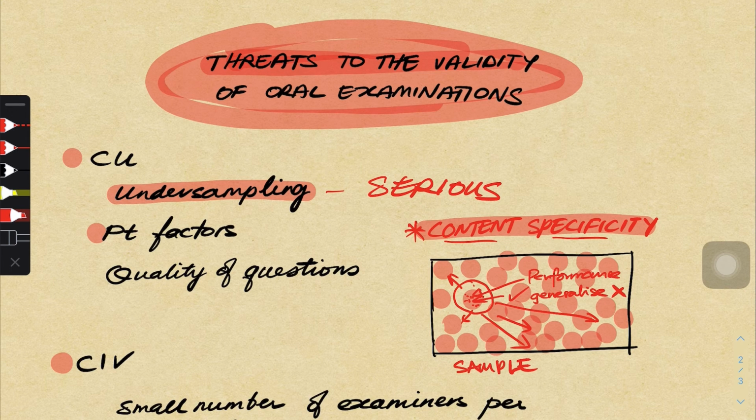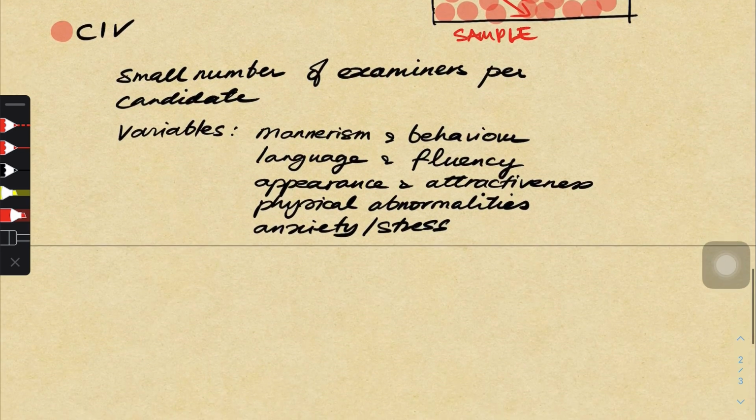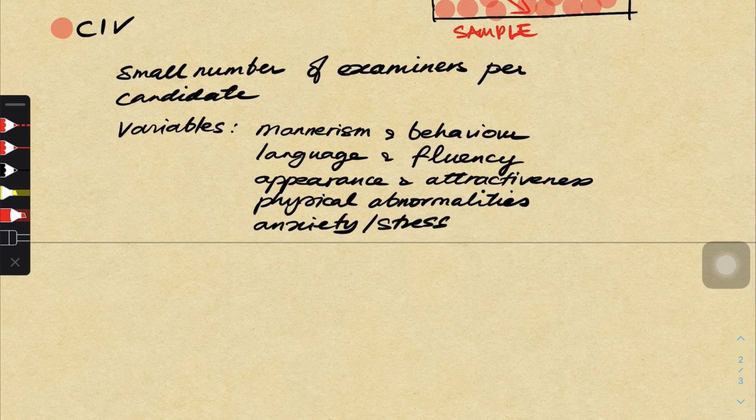The other part of threats to validity is the CIV, the construct irrelevant variance, meaning the variance which is introduced, the differences between one student and the other, the marks which a student gets, which are not related to his competence, but rather related to other things.